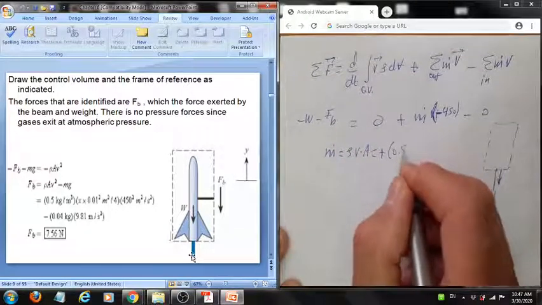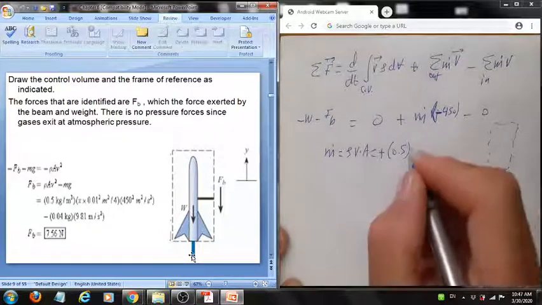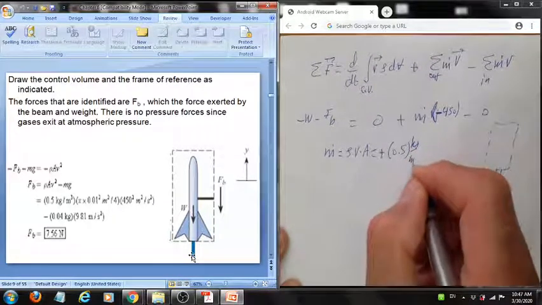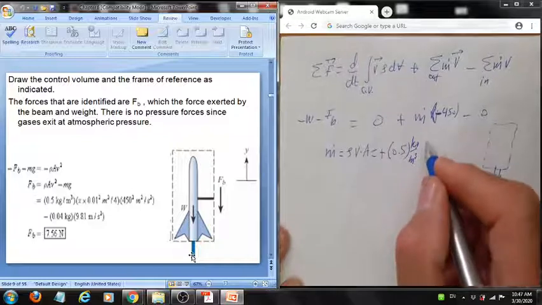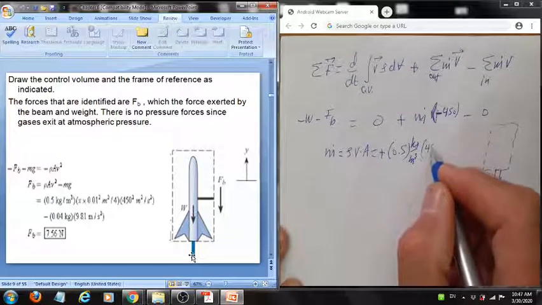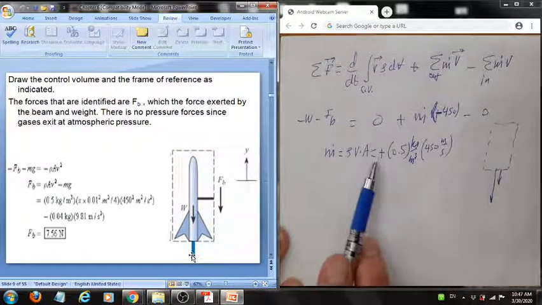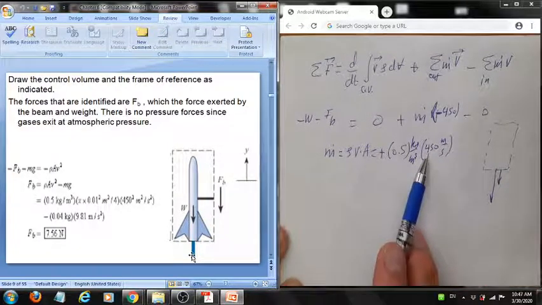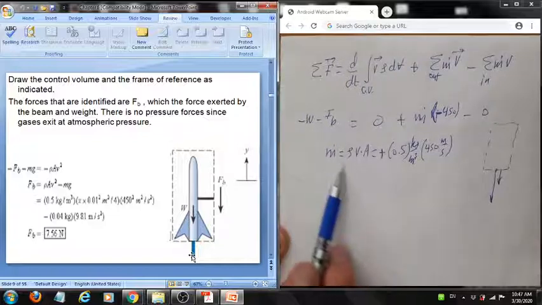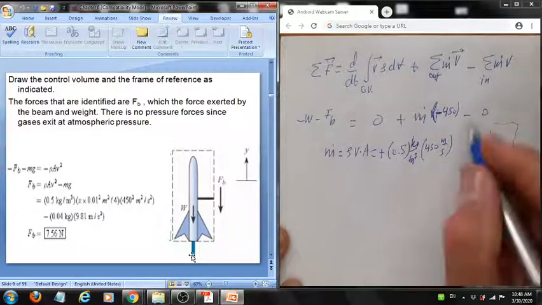Density is given to us as 0.5 kilogram per cubic meter. Velocity is given to us as 450 meters per second. Notice in this case, we don't take this as negative. We worry about the sign of the entire term.